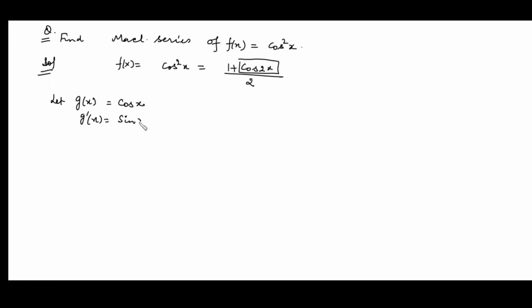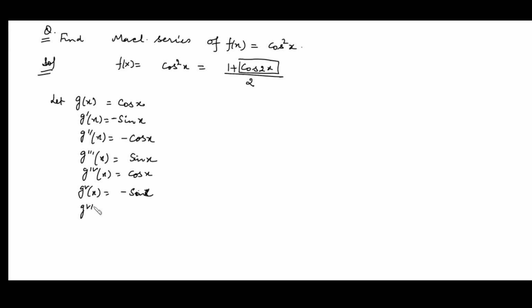It will be minus sin x, then double prime, it's minus cos x, then sin x, then cos x, fifth derivative is minus sin x, sixth derivative is minus cos x, and so on. So we can find out its values at 0.